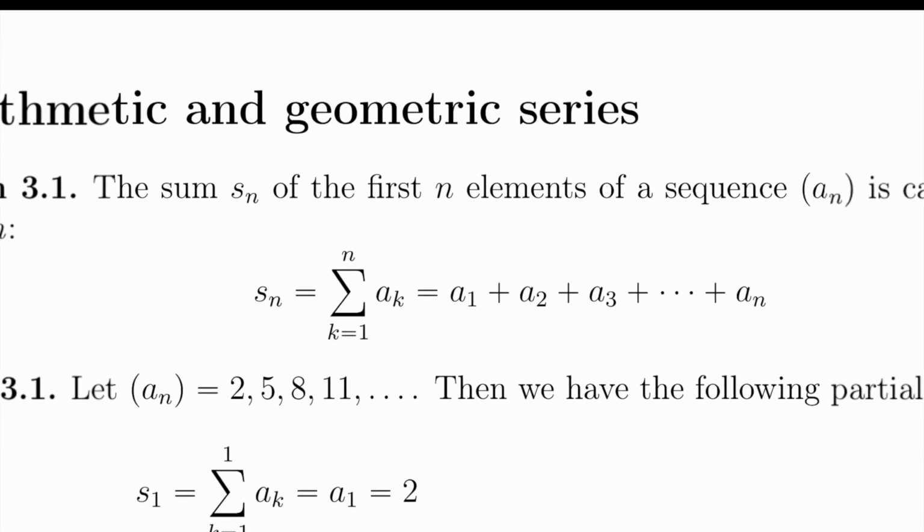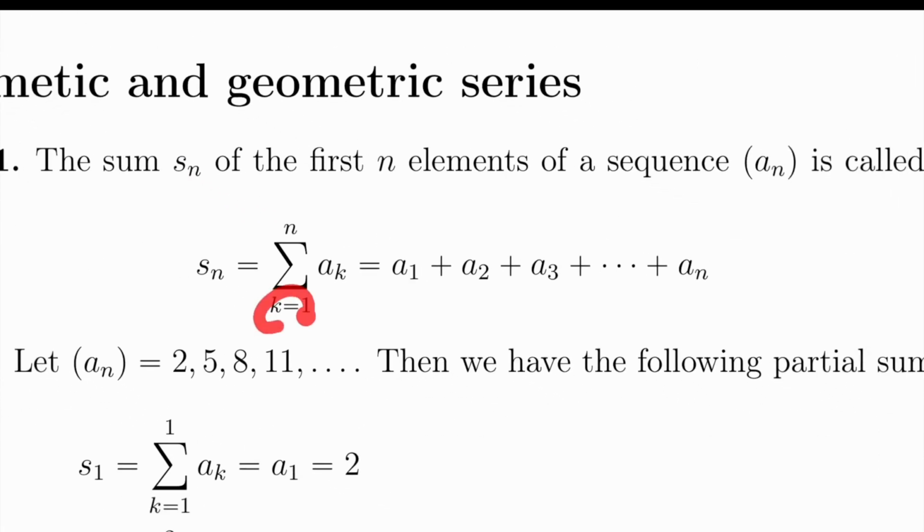So here we say, okay, I plug in 1 for k, then I do plus and I increase the counter by 1, so that's A2, then I do plus and then I increase the counter by 1, land at 3 and so forth, and I stop at n here.